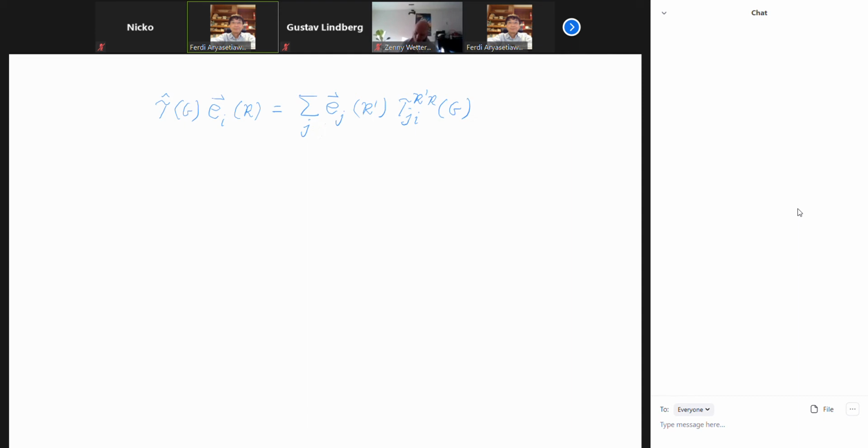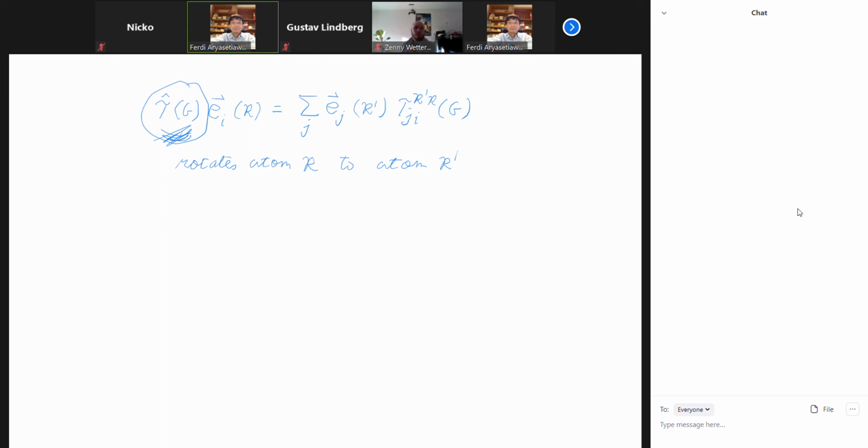The point is that this operator, usually a rotation, rotates atom R, or moves atom R, to atom R prime.